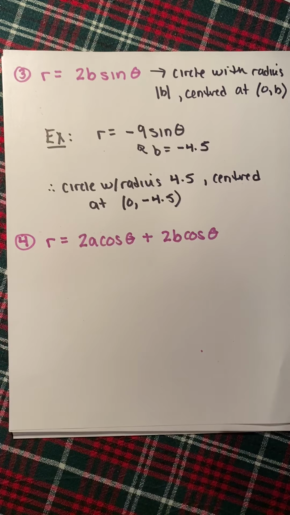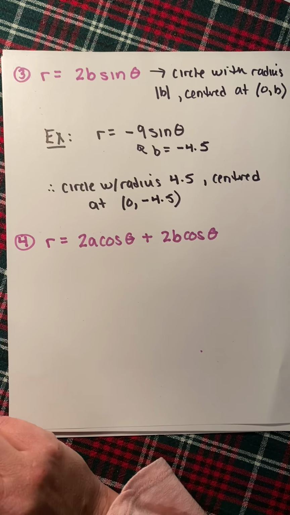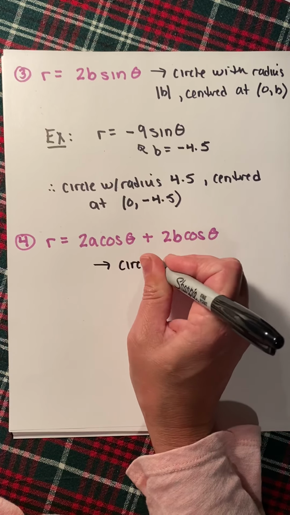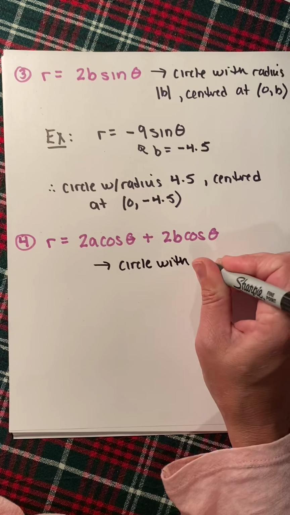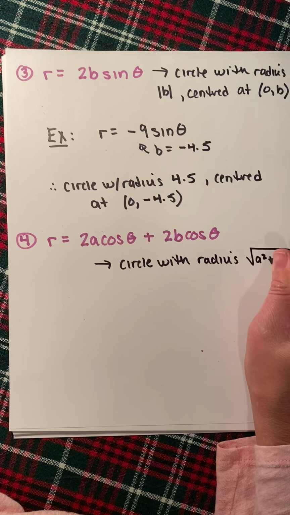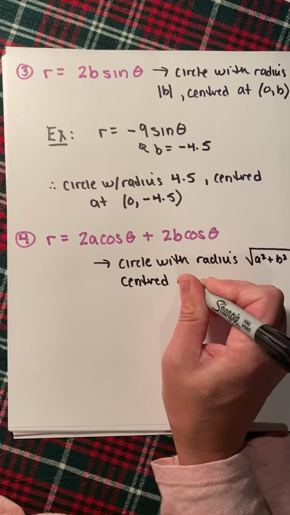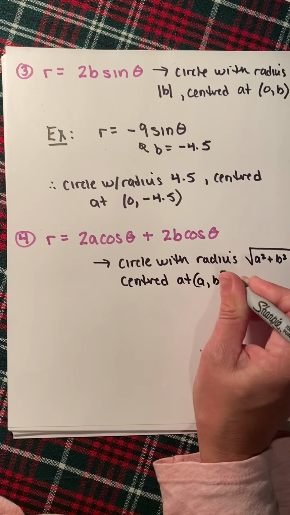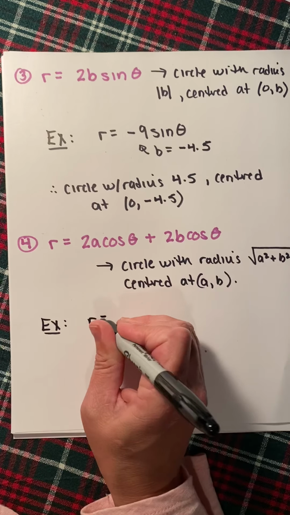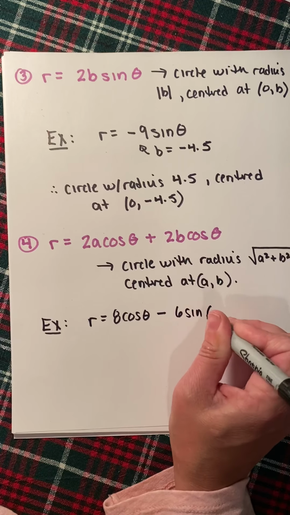Woohoo. All right, if you combine 3 and 2, we now get a circle centered anywhere. So this is going to be a circle with radius square root of a squared plus b squared, and it's going to be centered at a, b. So for example, let's suppose we have r equals 8 cosine theta minus 6 sine theta.